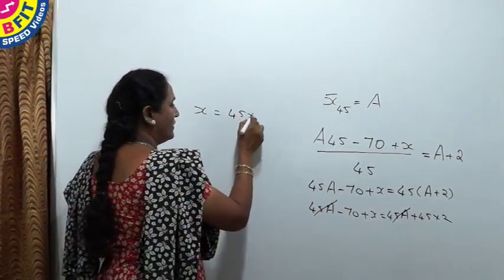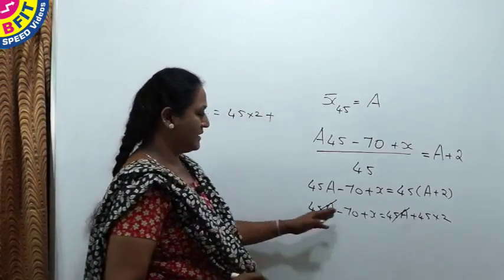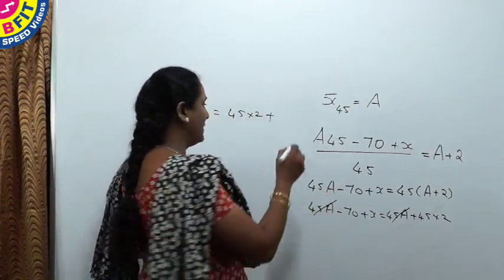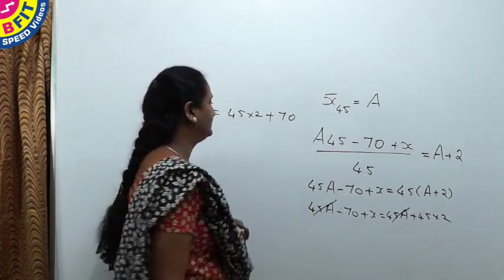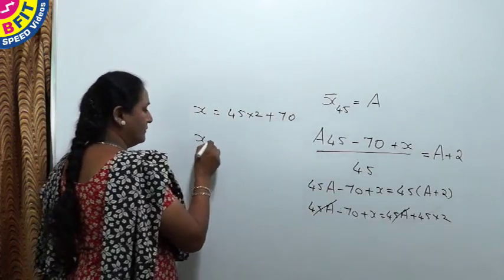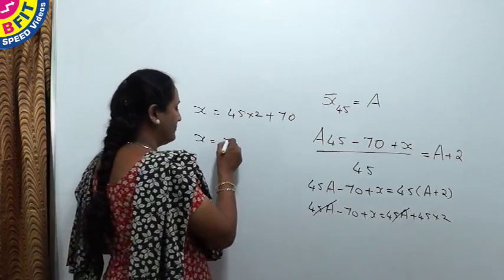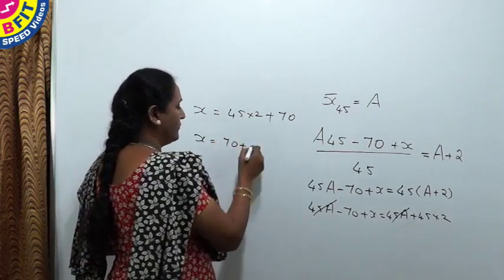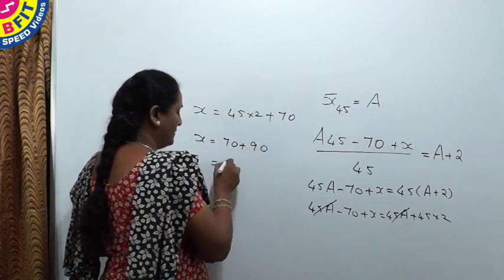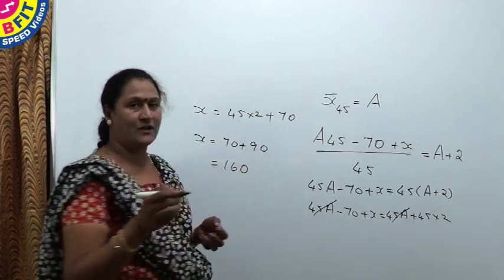We have 45 into 2, and this minus 70 when sent to the other side becomes plus 70. So the new box's weight is 70 plus 45 into 2, which is 90, equal to 160.